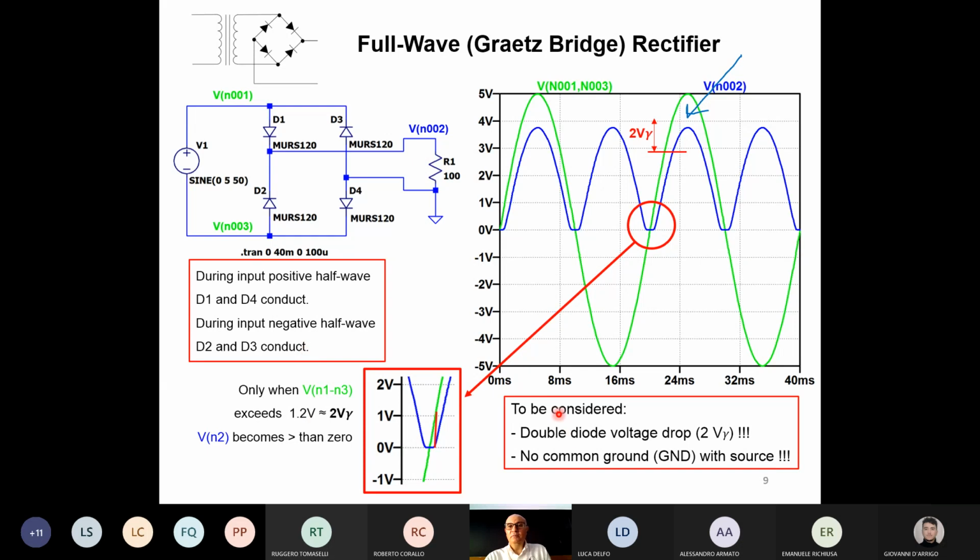Okay, here again, in this box on the bottom, there is also another consideration. I already told you that in this circuit, you have a double diode voltage drop, 2 V gammas, and there is no common ground with the source. That's something that I already told you. This means that the Gretz bridge is nice.